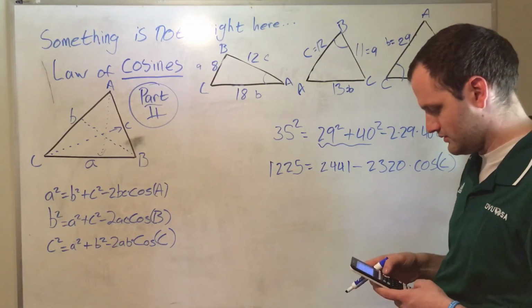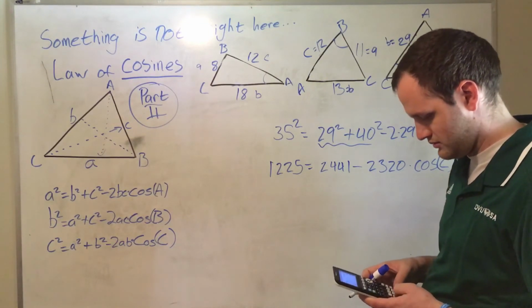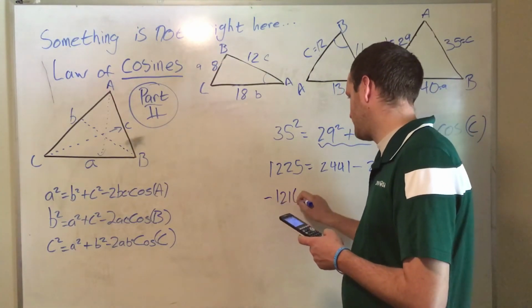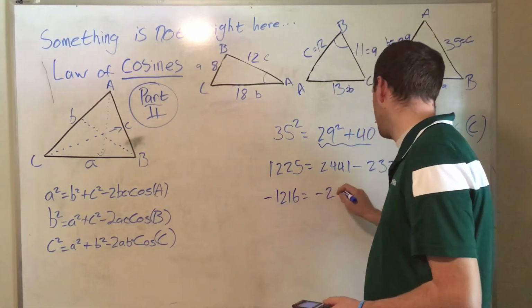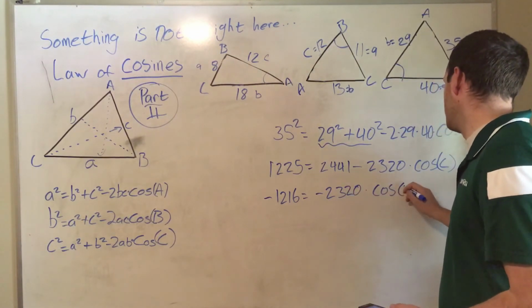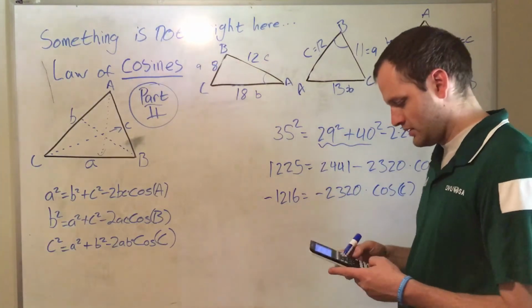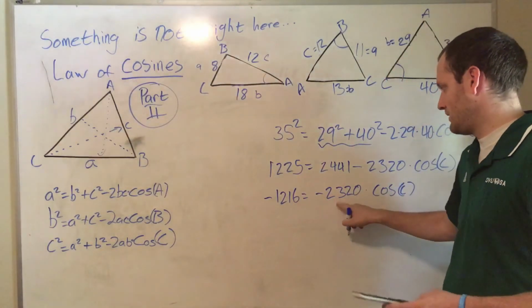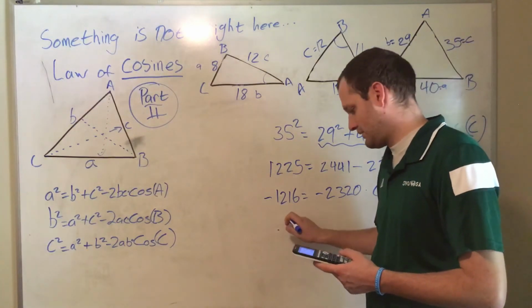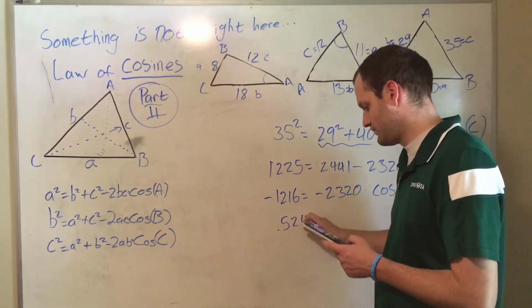So let's see here. That gives me negative 1,216 is equal to negative 2,320 times cosine of C. I'm going to divide this now by this number. That gives me 0.524137931.